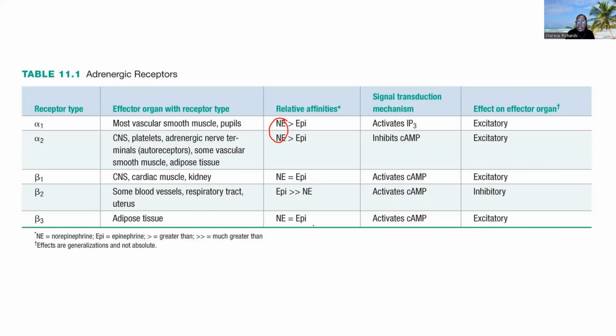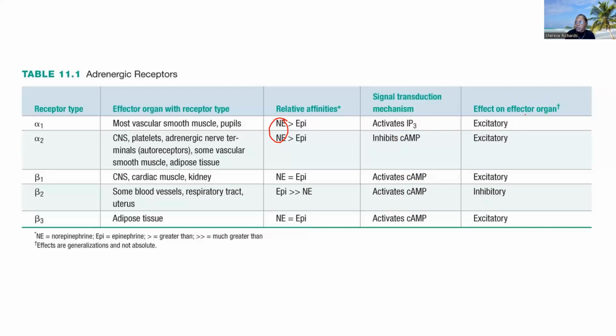Beta receptors are going to differ in their affinities. Know the signal transduction mechanism. In other words, what do they do? What second messenger do they regulate, and what do they do to that second messenger, whether they inhibit it or activate it? Also know the effect that they have on the tissue in question, the effector organ or effector tissue in question.